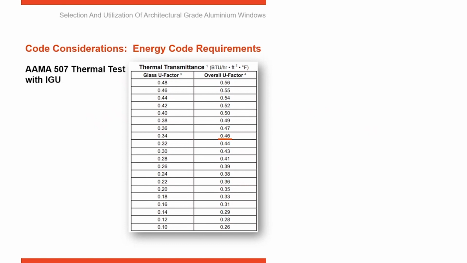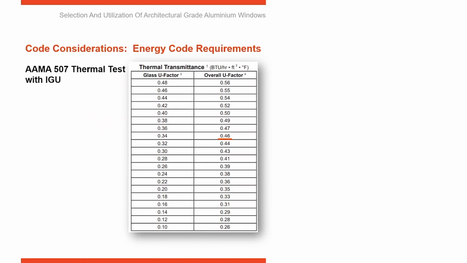Now, if you were looking at something like LEED, where you have a base performance level, and then you're going to earn credits by improving the thermal performance above and beyond that base performance level, then this is your starting point, 0.46, with an insulated glass unit that has a center glass U factor of 0.34.